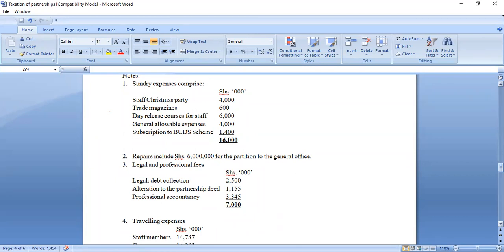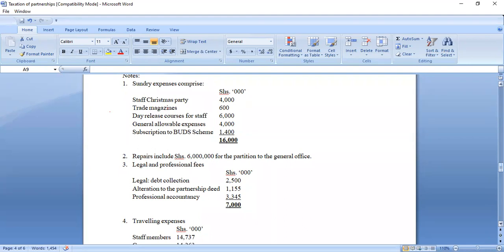But this buddies scheme feels like you have buddies or friends whom you did business with, and now you have decided to start a circle or a scheme. That's not a business transaction, so you're supposed to remove it.